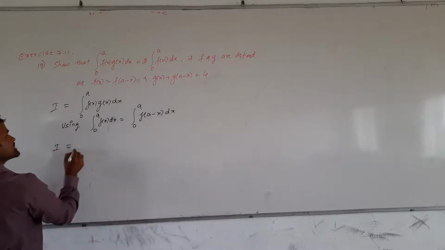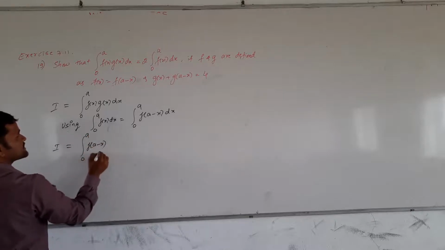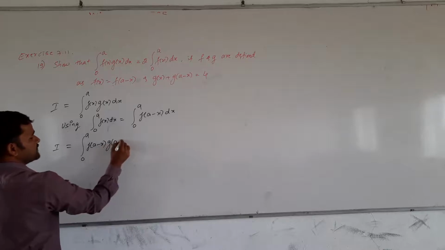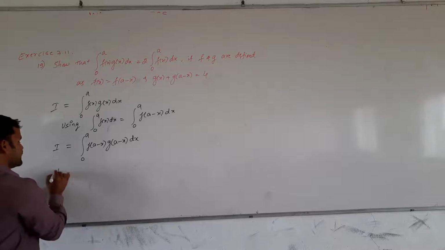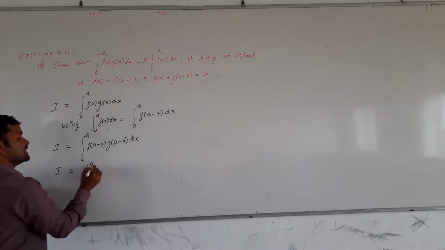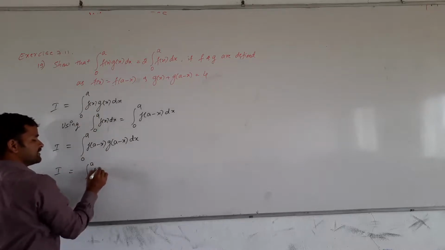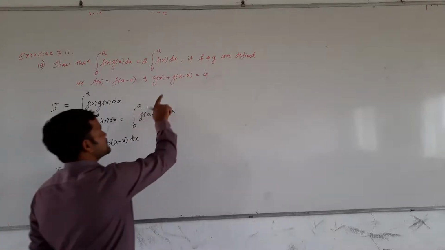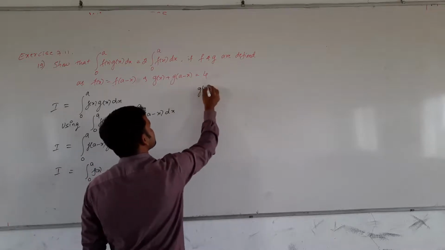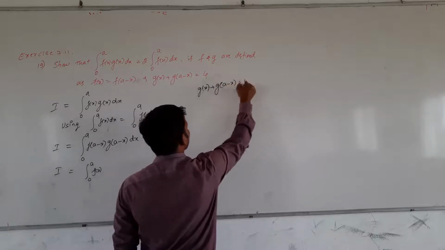Now we have I is equal to integrating from 0 to a f of a minus x into g of a minus x dx. Here f of a minus x, they have given it as f of x only. You write it. Then it is given g of x plus g of a minus x is equal to 4.